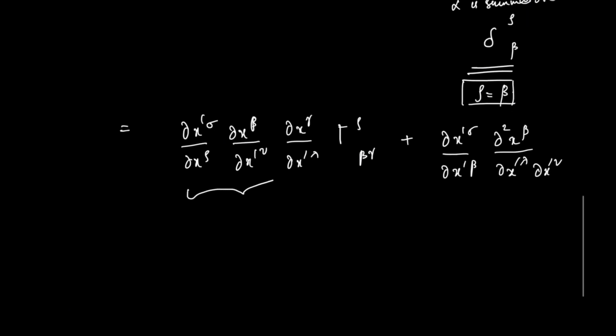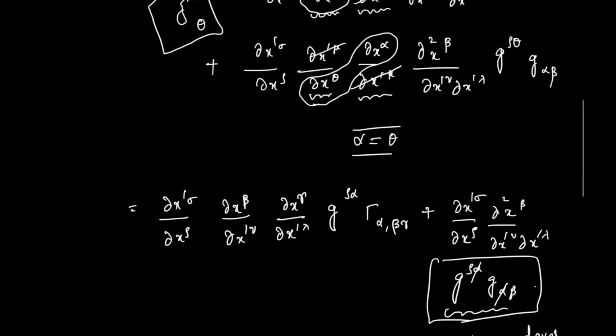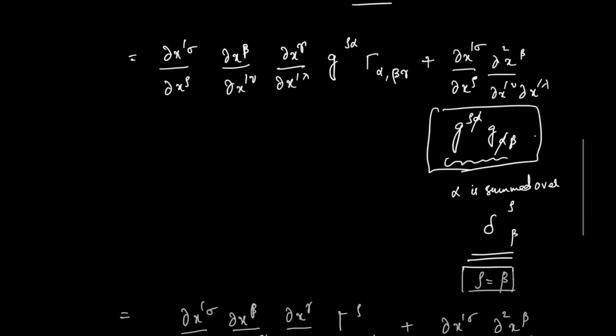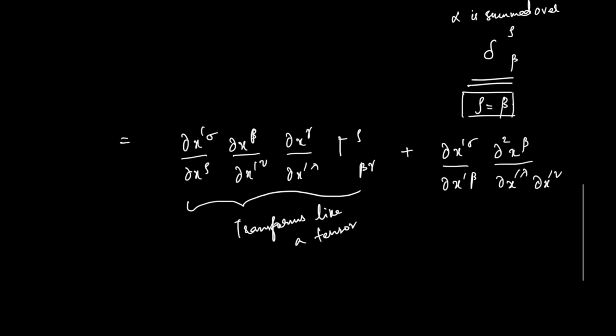So the first part transforms like a tensor, right? Here on the left hand side I have Christoffel symbol prime sigma mu nu lambda. So here I have Christoffel symbol prime sigma mu lambda.